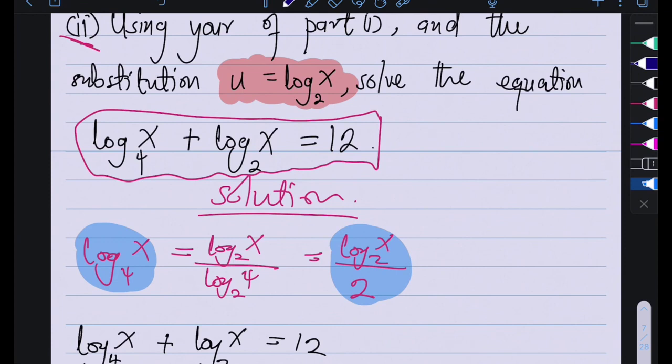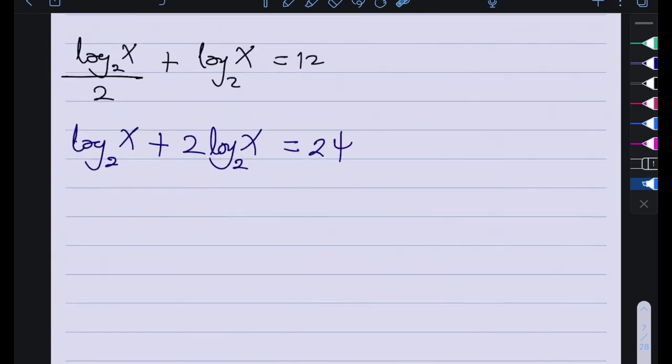If we go back to the question, they said to use this particular substitution. If you see log x base 2, call it u. So let's go and call it u. That would mean that we can call this particular guy u, and this 2u. So we are going to have u plus, hold on, there's something that we need to finish before that.